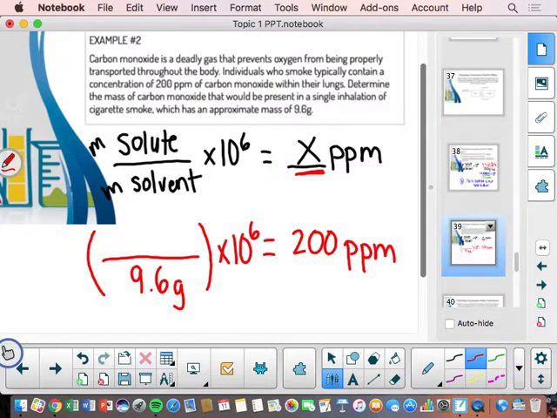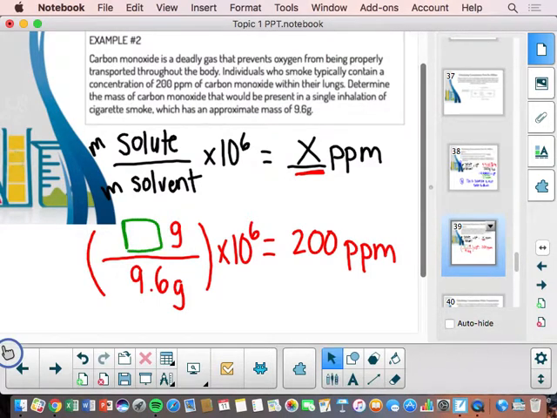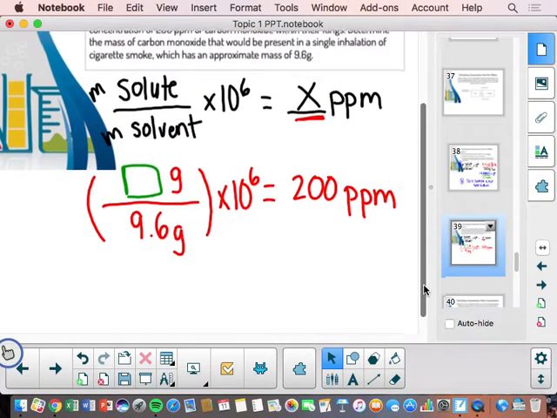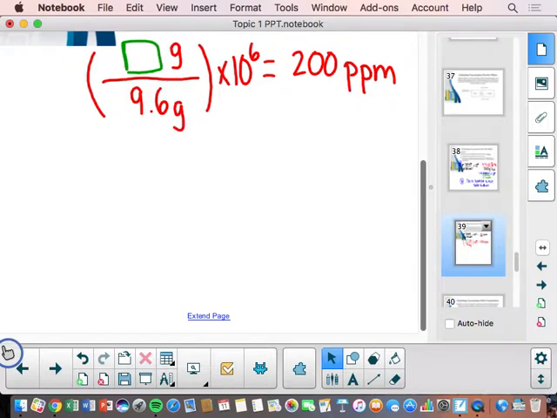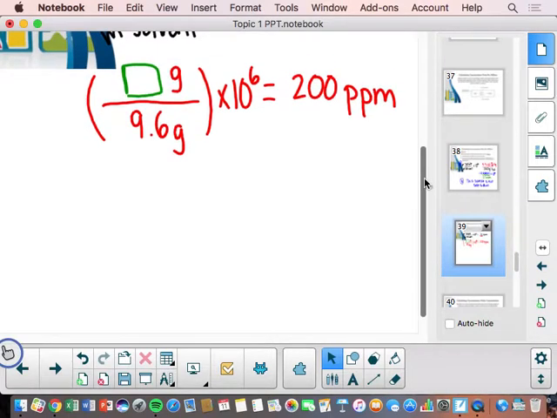Our solute would be the amount of carbon monoxide that we're taking in, but we don't know that number. This is the part that we're missing in this question. So we're going to have to solve for that missing part.